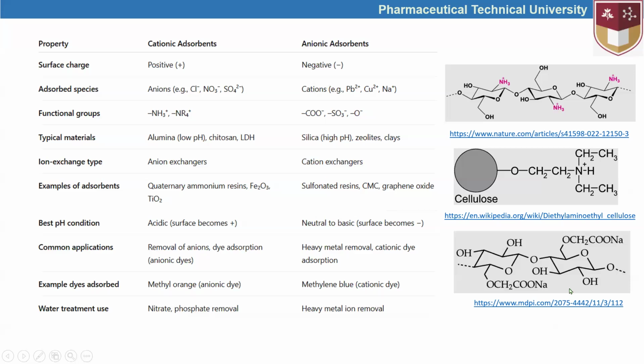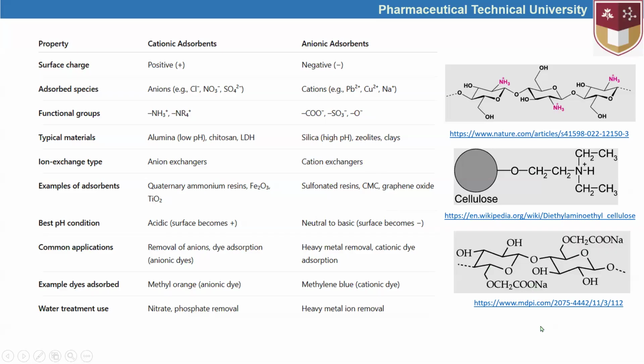Okay, and here we can see one example of a cation exchanger. We call it carboxymethyl cellulose, sodium carboxymethyl cellulose. As it is kept in water, sodium is ionized.